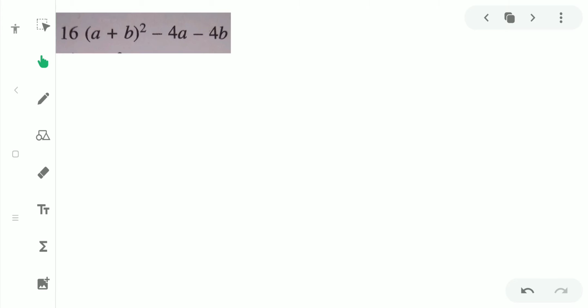Here we can write 16 as 4 into 4, nothing but 16. So I am writing 16 as 4 into 4, into a plus b whole square.